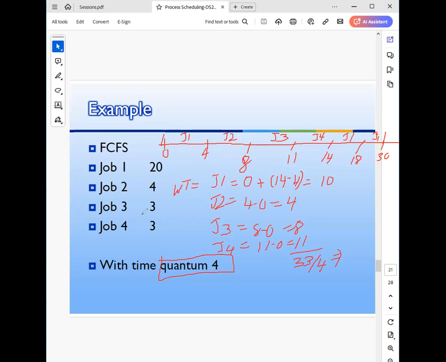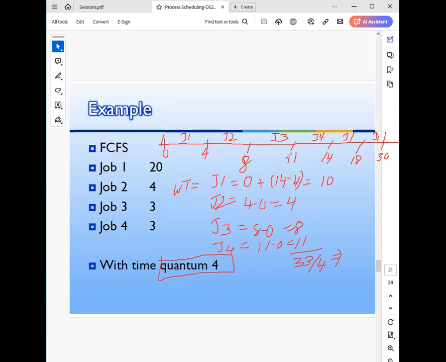And for job 3, the next quantum is given. Job 3 needs only 3 milliseconds out of 4. So 4 is given, only 3 needed. After that it completes. Because of that, 8 to 11 is drawn, not 8 to 12. So 8 to 11, J3 completes. Then the next 4 milliseconds is given to job 4.